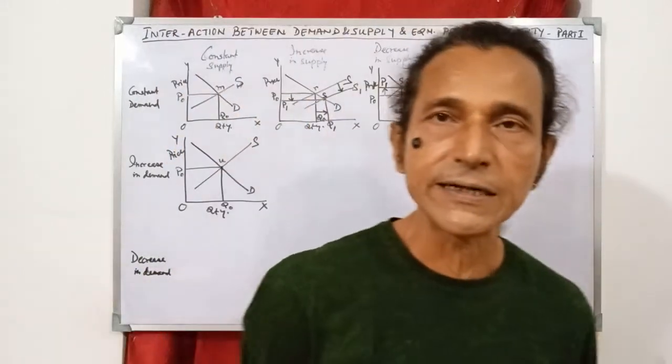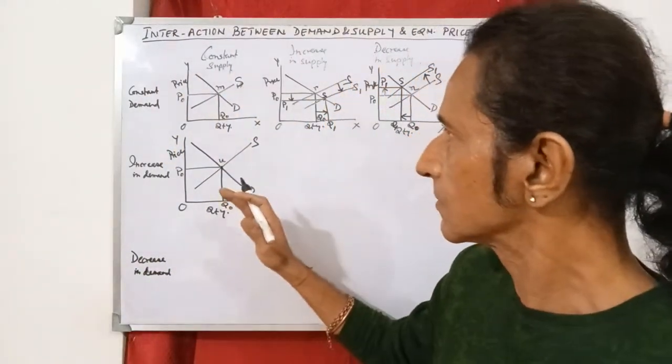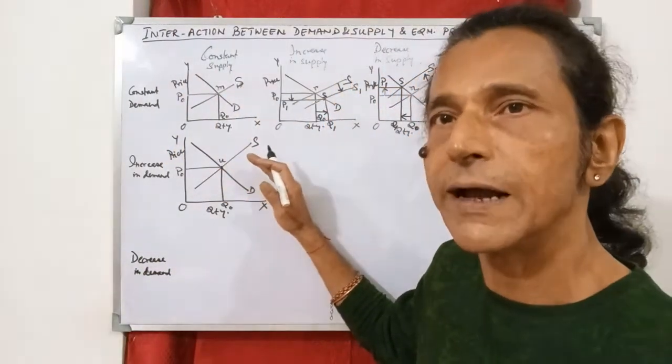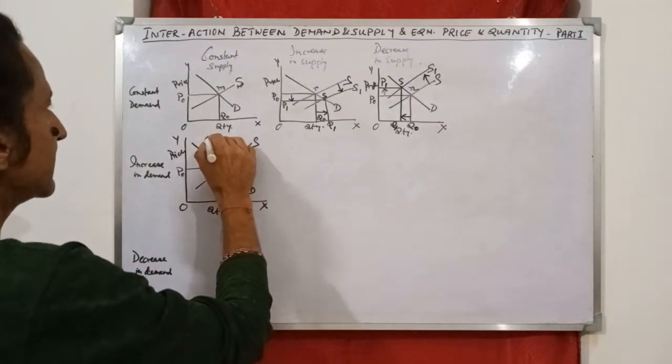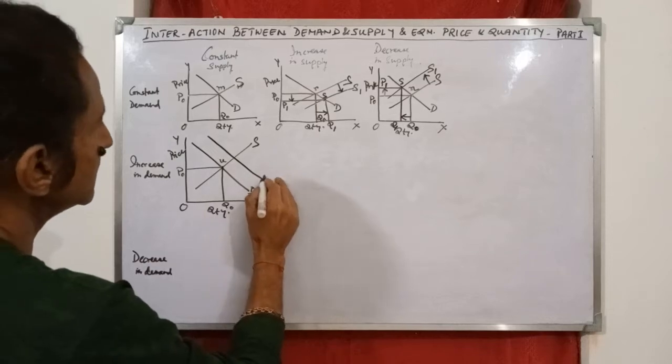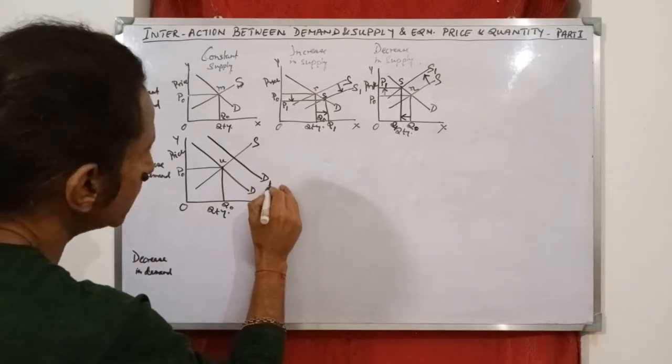When the demand increases, the demand curve shifts parallelly rightward. So the new demand curve will be like this. Let this be D sub 1.